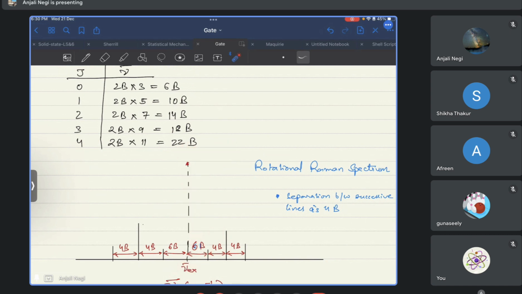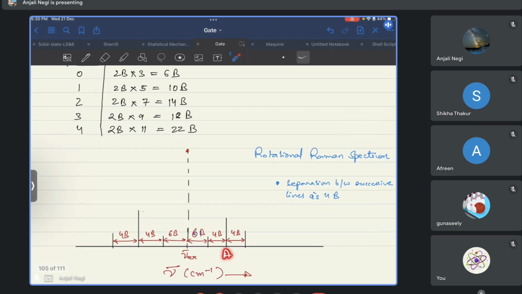Again from excitation to J equal to 2 we have 14B, that is again 4B difference between successive anti-Stokes lines. So these are anti-Stokes, and these are Stokes if I do the minus from the excitation incident light.